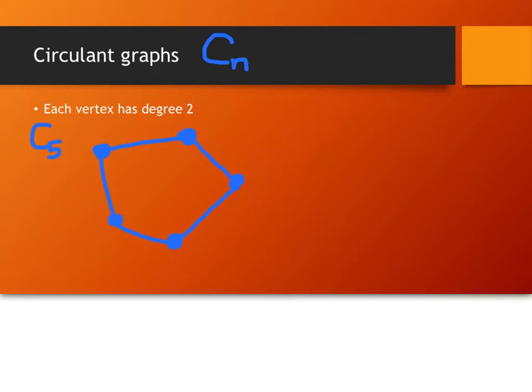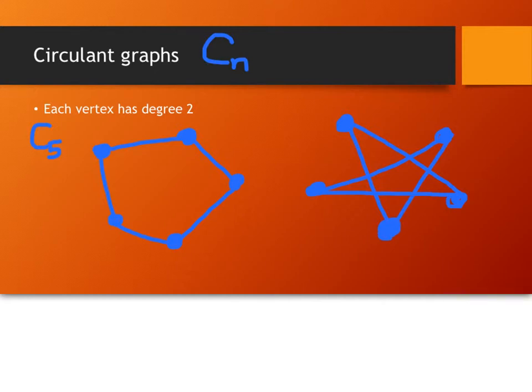Now, I don't want you to think that that's the only way I can draw it, because you could have 5 different points, and you could draw the circulant graph in a very, very different way. Here's another way you could draw it.